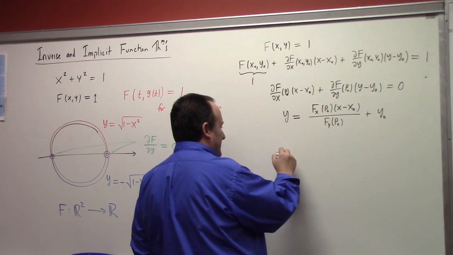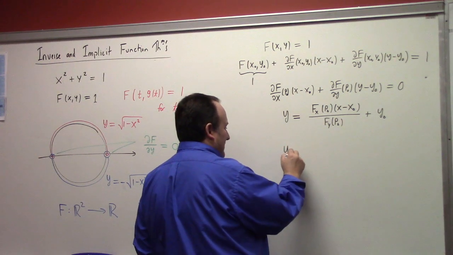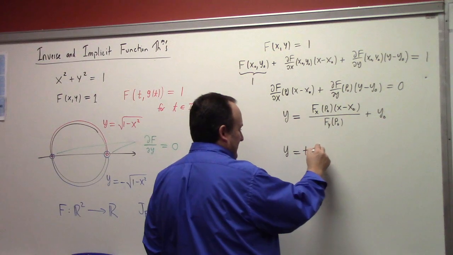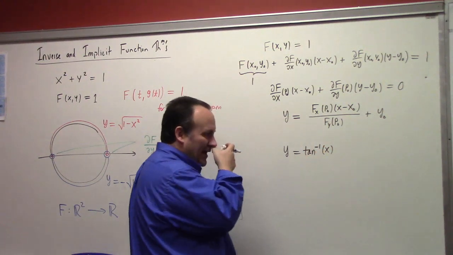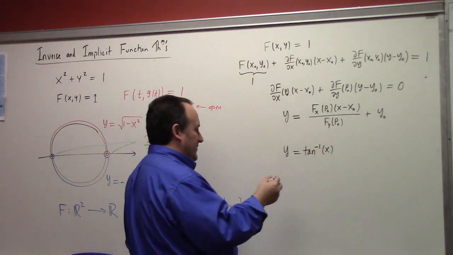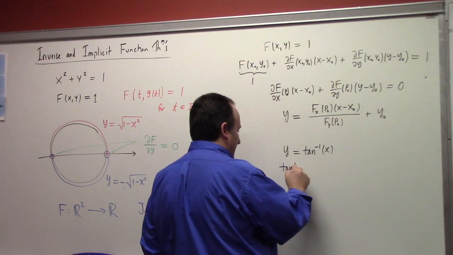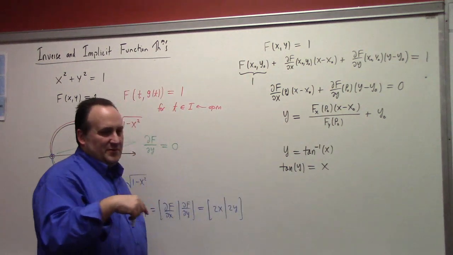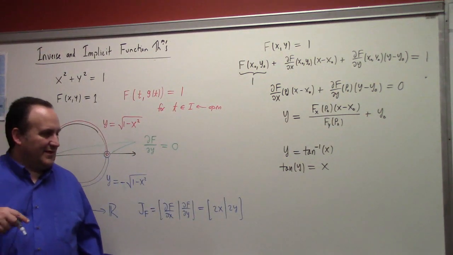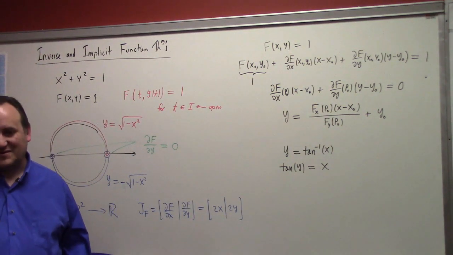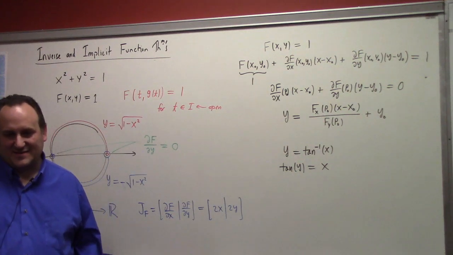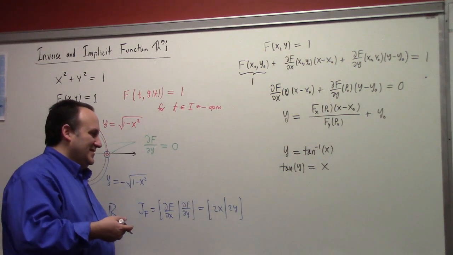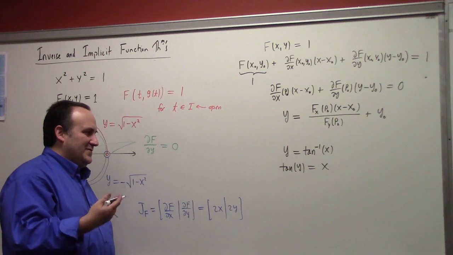If you've got y equal to inverse tangent of x, we trade that for tangent of y equal to x. Well, I know y is a function of x there because I started with it explicitly as a function of x. But it is somewhat comforting to think about the inverse function theorem here.